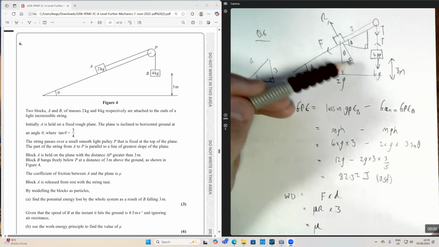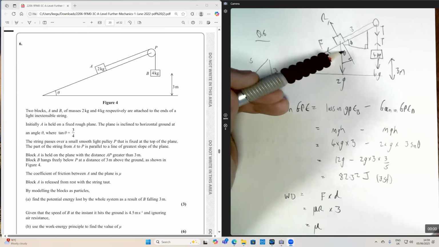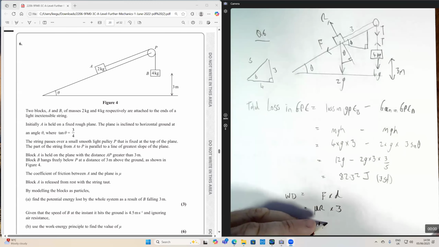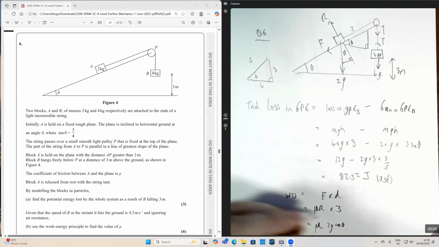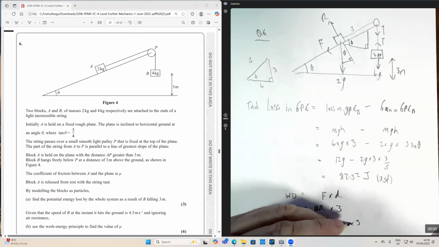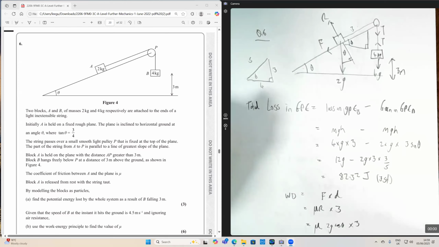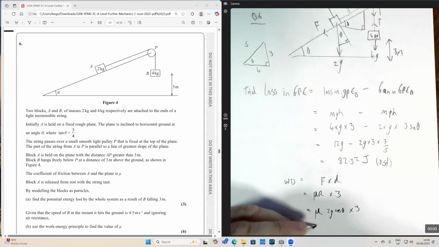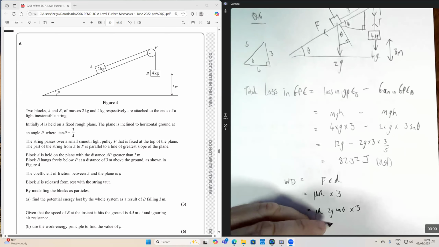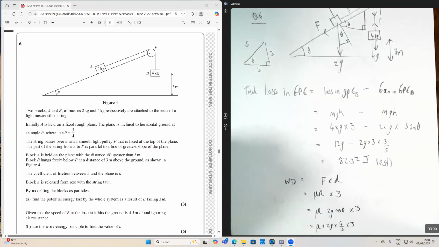So when we resolve perpendicular to the plane, we get R equals 2g cos theta, and cos theta is going to be 4/5. So we're going to have mu times 2 times g times 4/5 times 3.